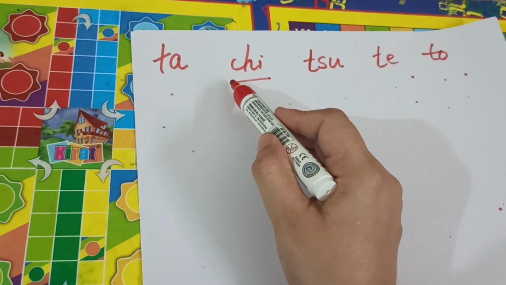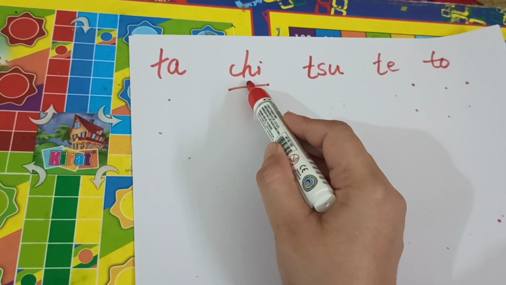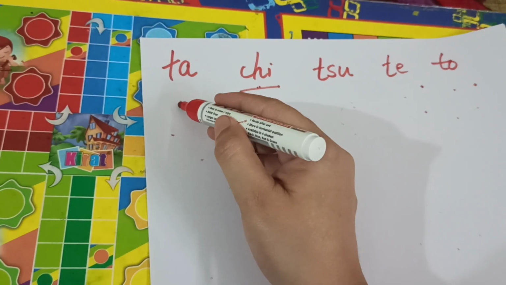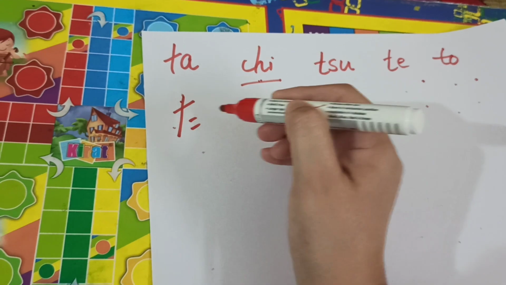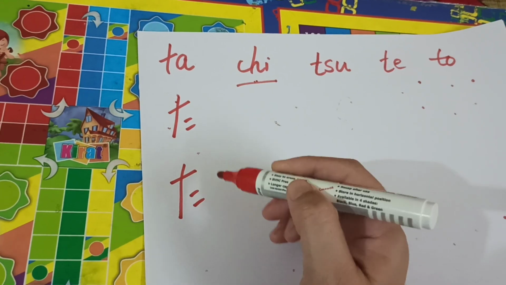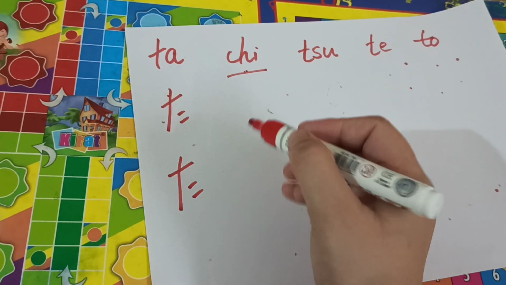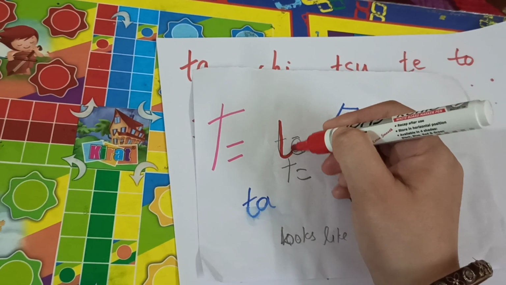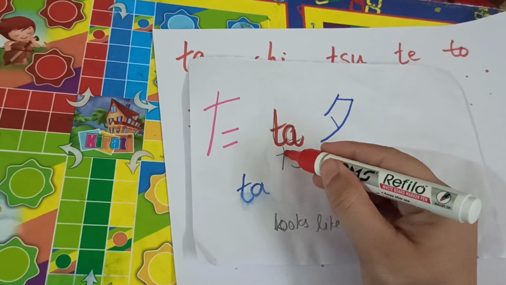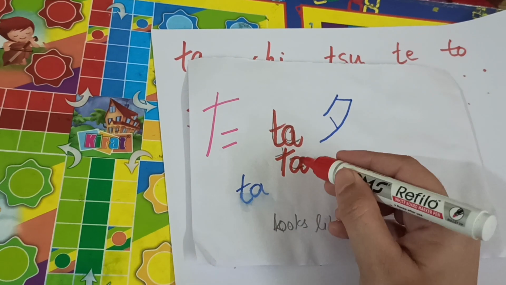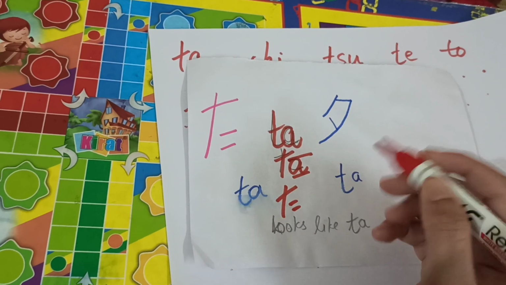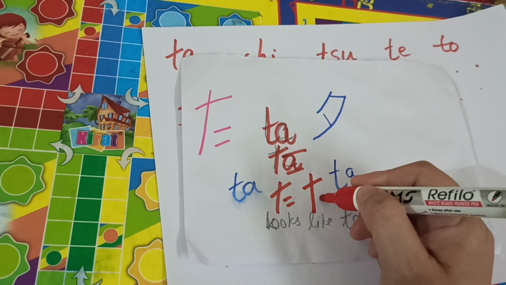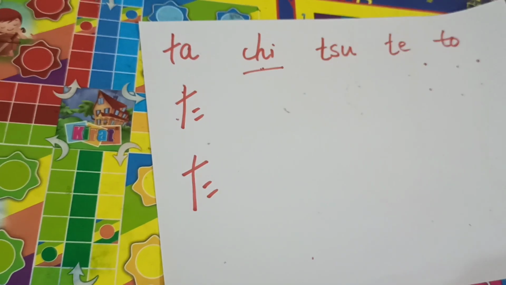Okay, remember this is not ti, this is chi. First one is ta. Ta looks like ta.